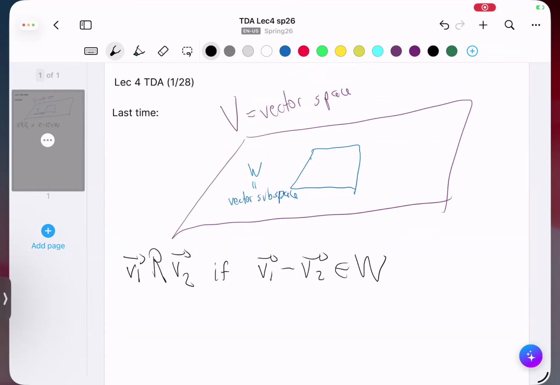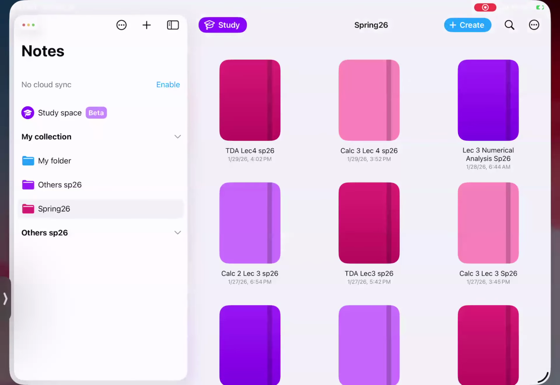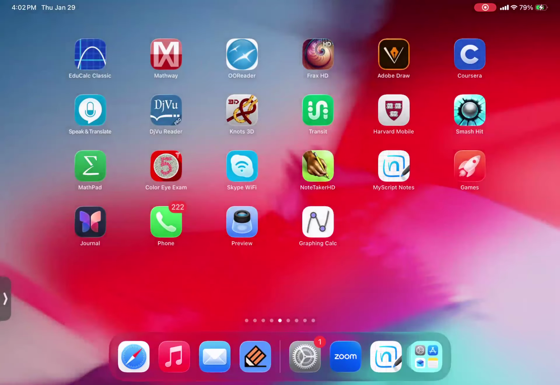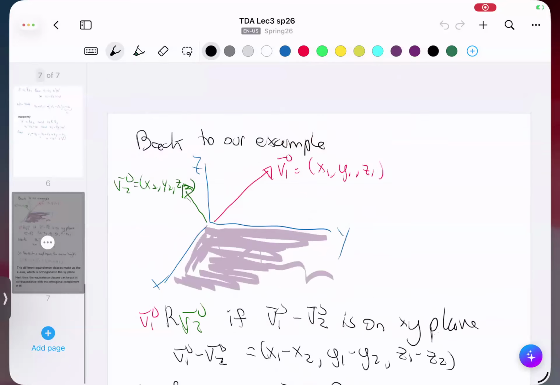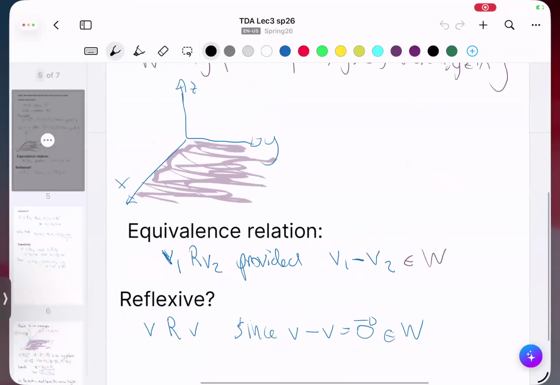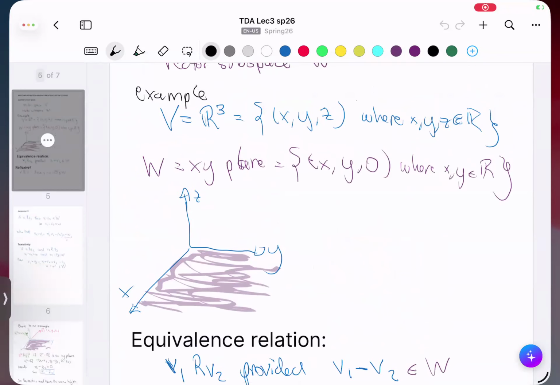Let me see if I can fix this. Right, so the example from last time was, if we thought of the largest vector space as R3, then the smaller subspace is R2, which sits inside R3.